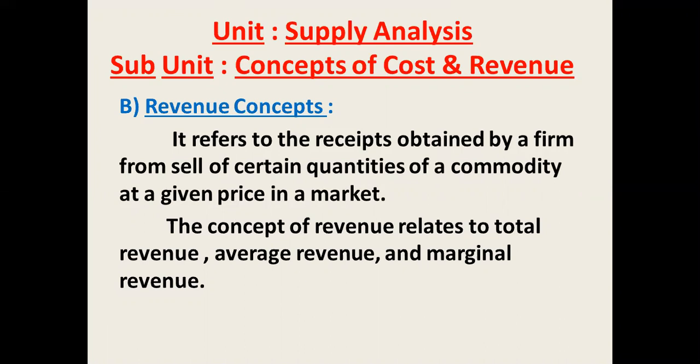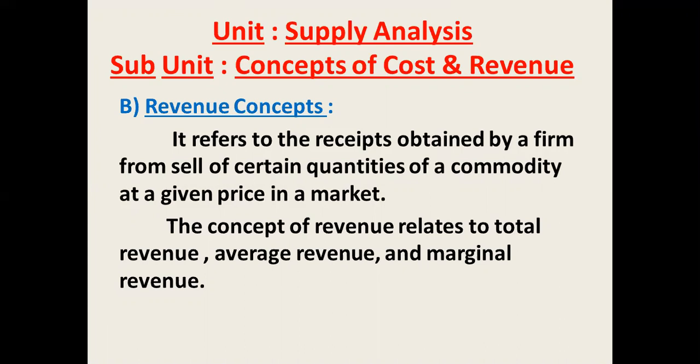At that time we discussed the meaning of the total cost, the average cost and the marginal cost, and the formulas. The total cost: TC is equal to TFC plus TVC, that is, the total fixed cost plus the total variable cost.